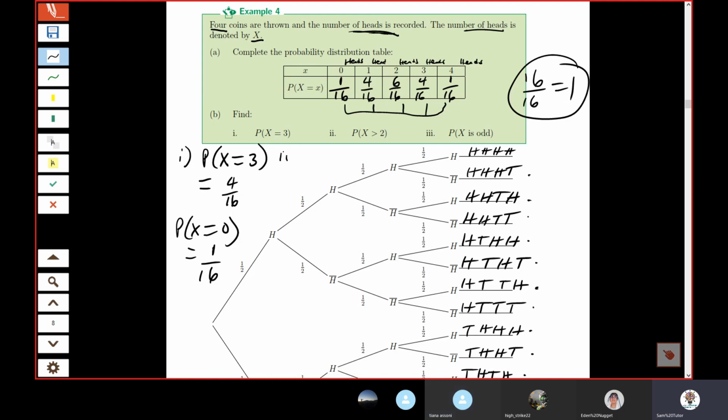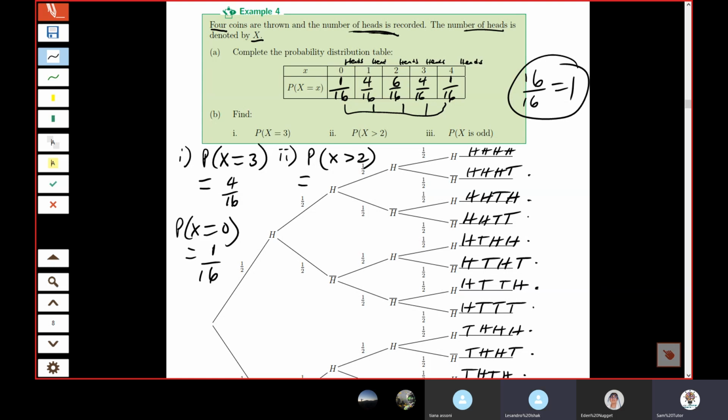All right, double i. Let's see who can say this one. What's the probability that the number of heads is greater than 2? Who thinks they know the answer? Is it 8? How did you get 8? Everything that has 2 or more H's. Why did you say 2 or more? Isn't it just greater than 2? Oh, yes, that's right.